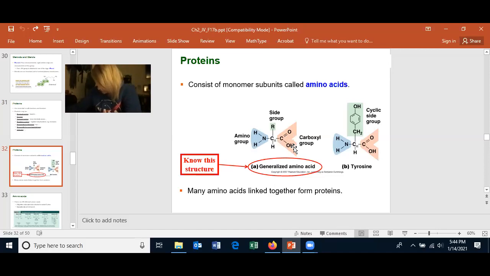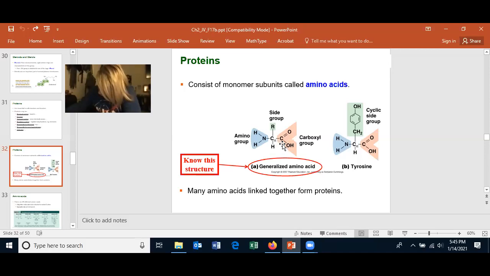And you'll remember from the start of this lesson that the amino group and the carboxyl group are functional groups, and they give this molecule its properties. The amino group and the carboxyl group, that's why we call this an amino acid, because it has an amino group and a carboxyl group.